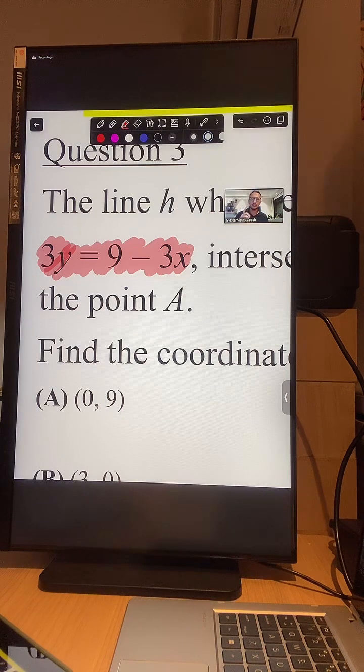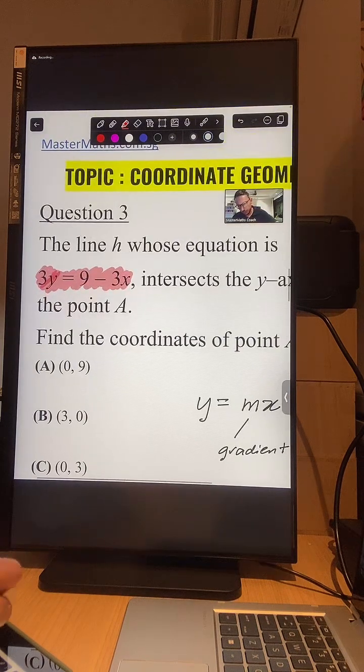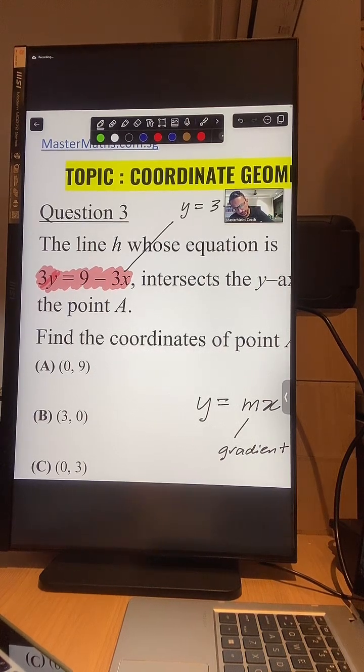But be very careful. You can see that the y there is not just y. It's got a 3 in front of it. So if I rewrite it, this is how I will rewrite it: y equals 3 minus x.